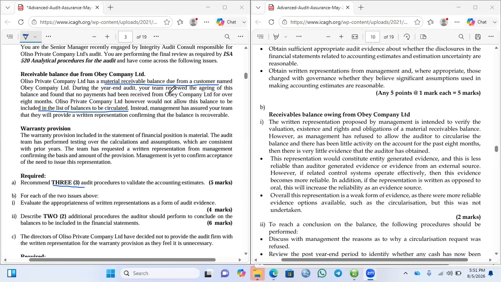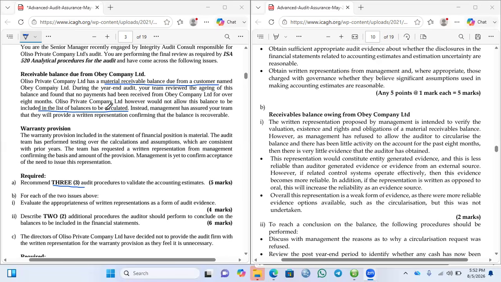So this is the meaning of circularize: sending out to other people to confirm if something is true. It means that management didn't allow the auditor to reach out to other people to confirm if indeed that transaction is true.